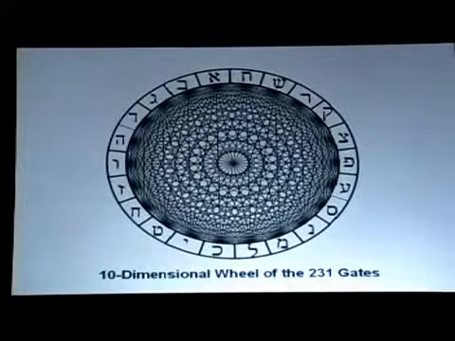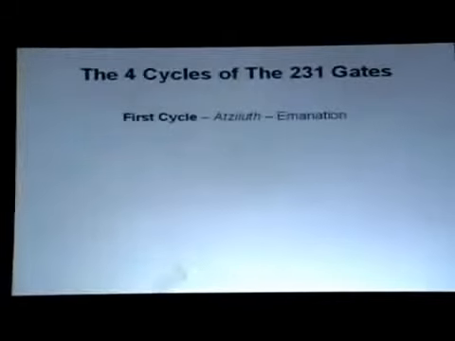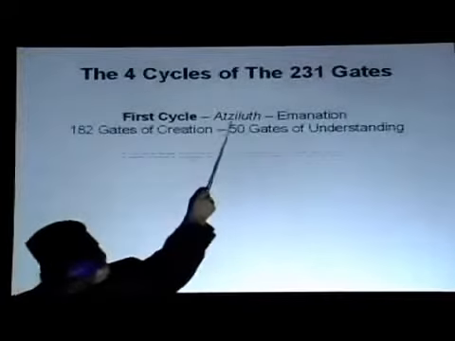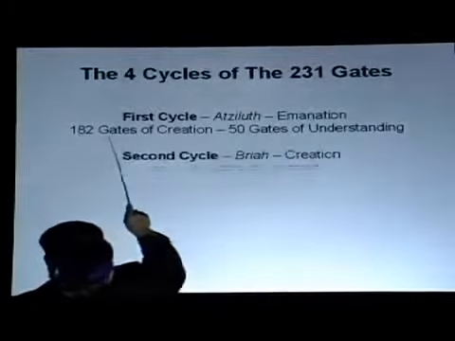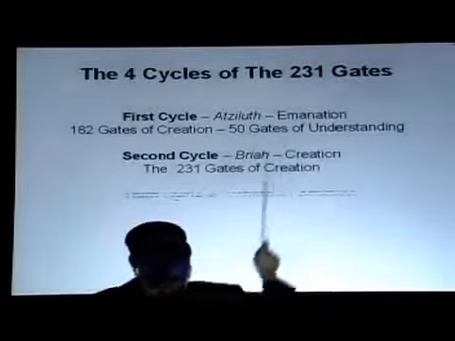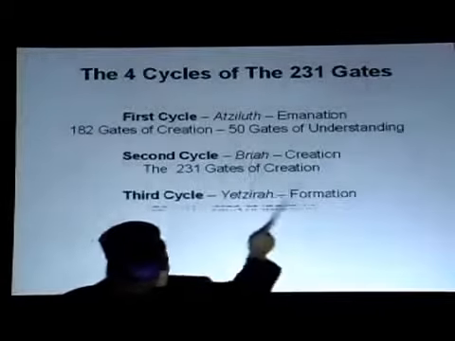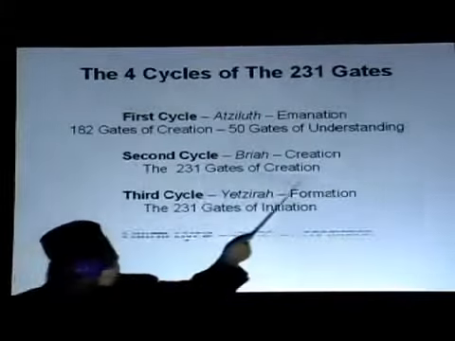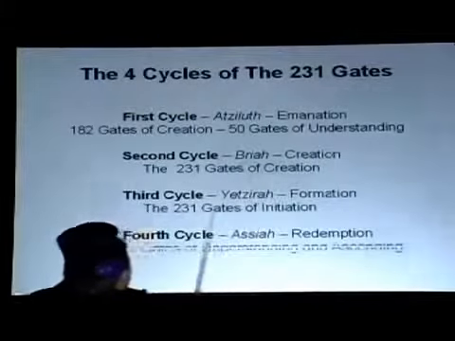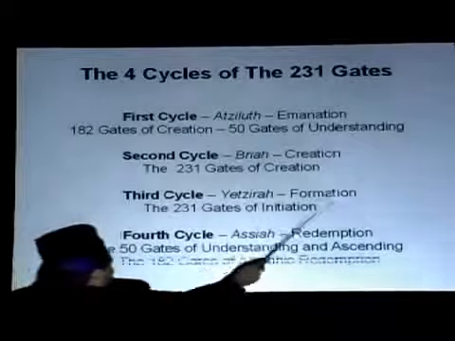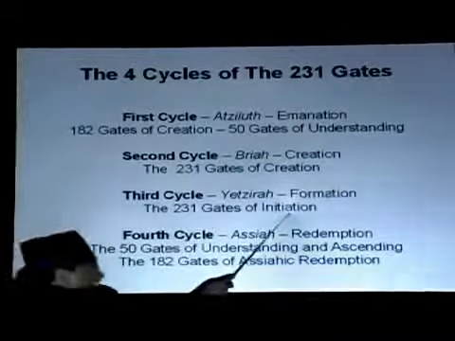Yes. Next. The 4 cycles of the 231 gates. The first cycle is absolute emanation. 182 gates of creation, 50 gates of understanding. The second cycle, Briah, or creation, the 231 gates of creation. The third cycle, Yetzirah, formation, the 231 gates of initiation.